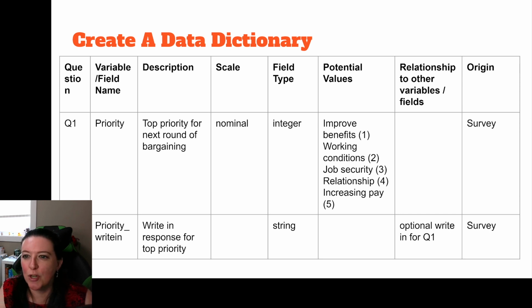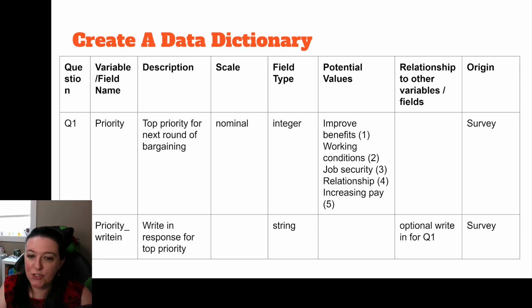It's still structured because they're still choosing from a group of texts, but it would be text-based as opposed to a number. And it would still be nominal regardless of whether you made the field type a string or an integer, because it's still picking a category. So this is all going to inform our analysis.